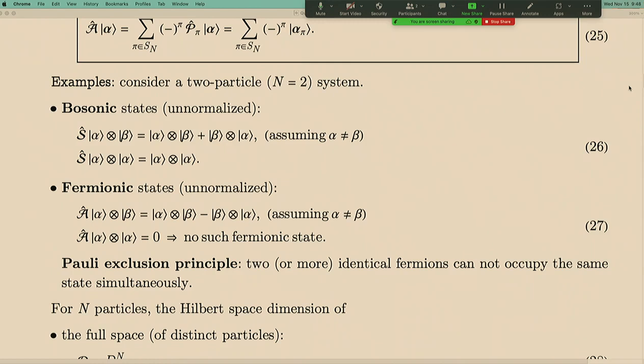This construction will lead to a 0 state. That means there's no such basis, and that's why there's a Pauli exclusion principle: two or more identical fermions cannot occupy the same state simultaneously. So you can see it's very powerful to use these symmetrization and anti-symmetrization operations to construct basis states which are automatically bosonic or fermionic.